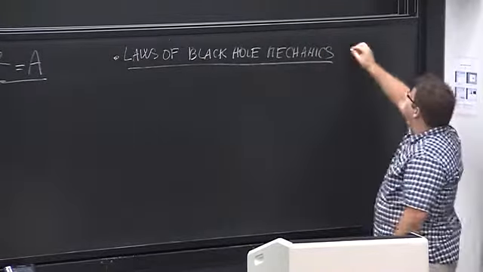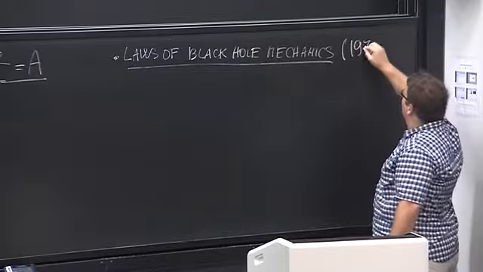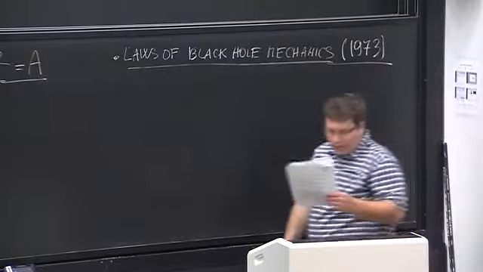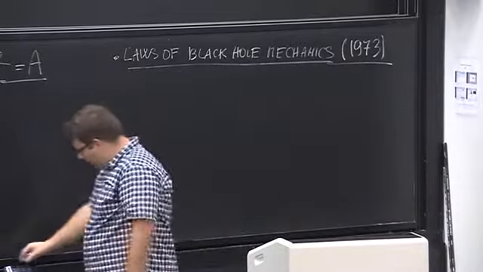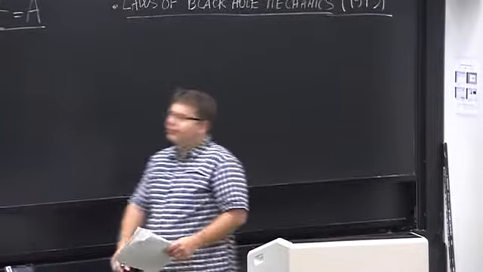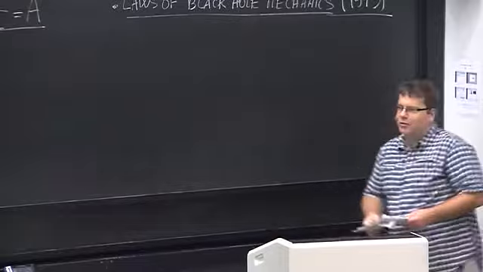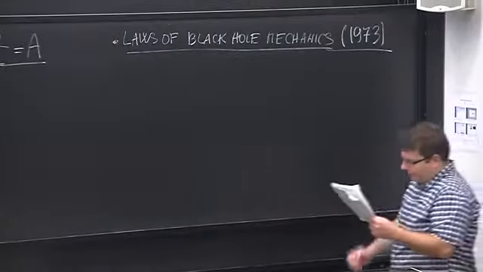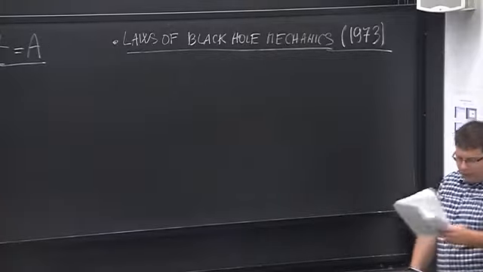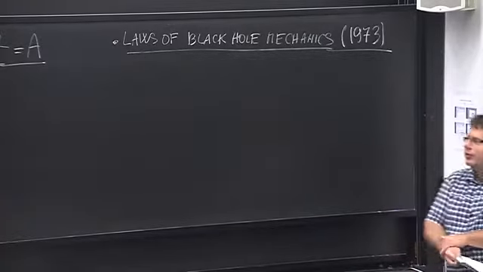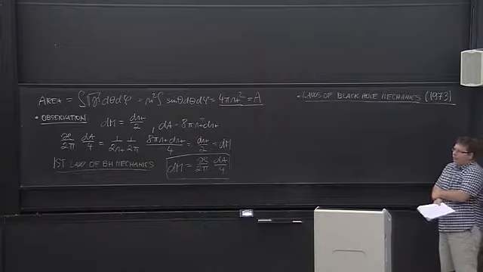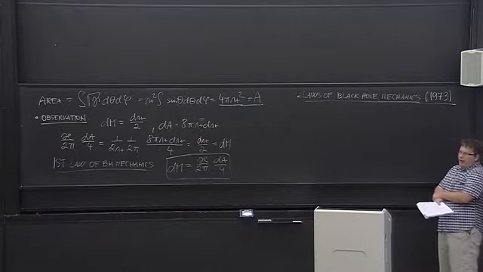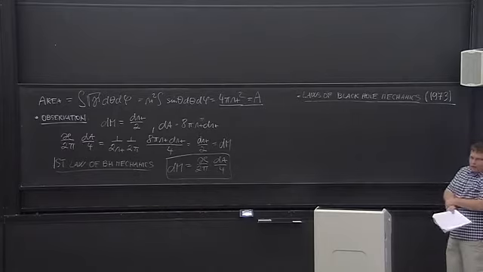So this is 1973, and gentlemen like Bardeen, Carter, and Hawking. Bardeen was here just a couple of weeks ago, so maybe you met him. They formulated the corresponding laws, and they are not only valid for the Schwarzschild black hole, but more generally, your black hole can actually also rotate, and theoretical black holes also have charge.